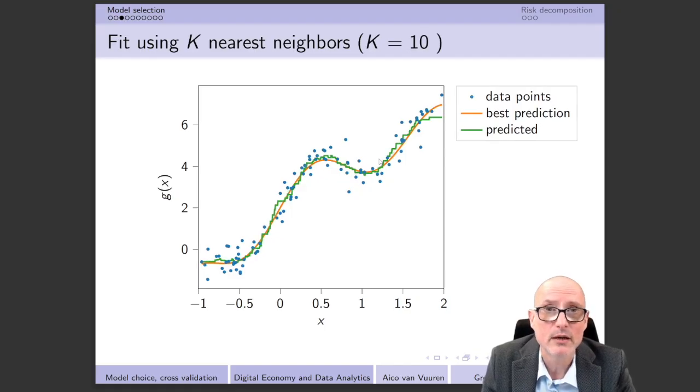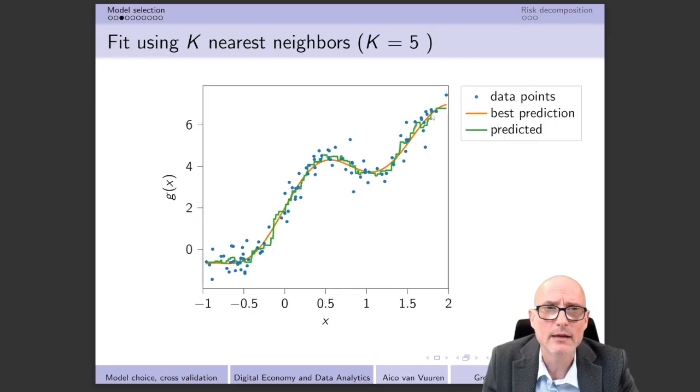Maybe this figure is still improved by going from k equal to 10 to k equal to 5. For example, here there is still quite some difference for k equal to 10, and that is actually gone away at the moment that we set k equal to 5.